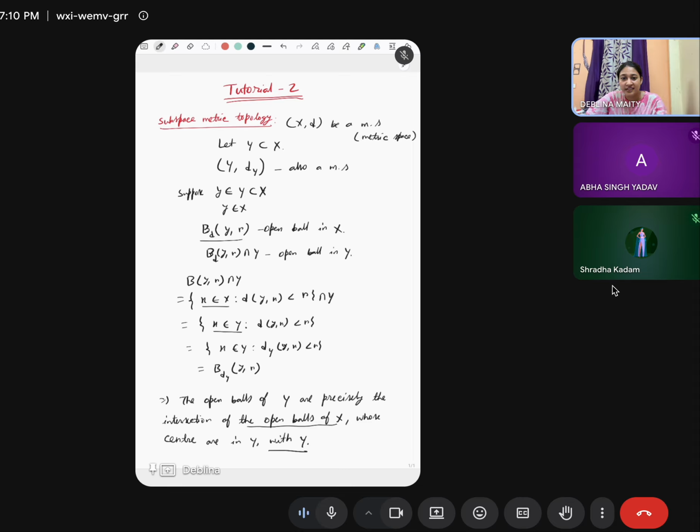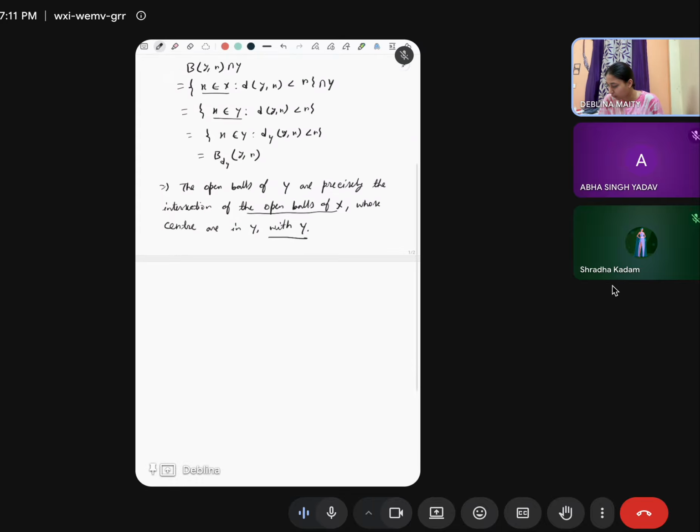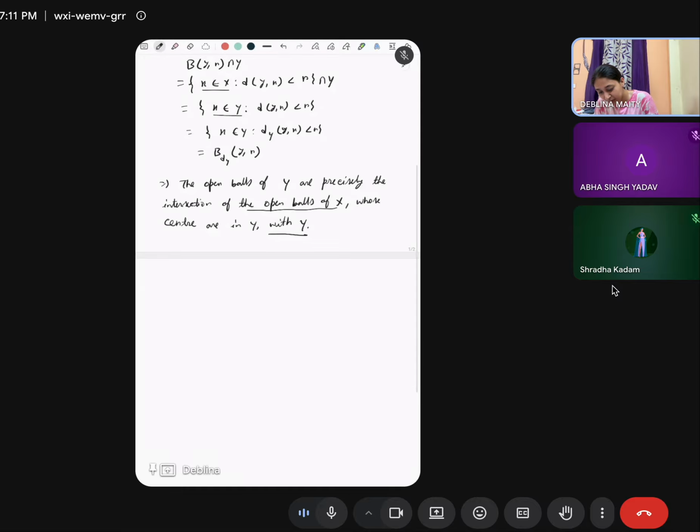Now open sets are generated by open balls, so all the open sets of Y are precisely the intersection of open sets of X with Y, right? So this is also true for open sets, and you can prove that. This is a theorem. I'll say Theorem 1, suppose.